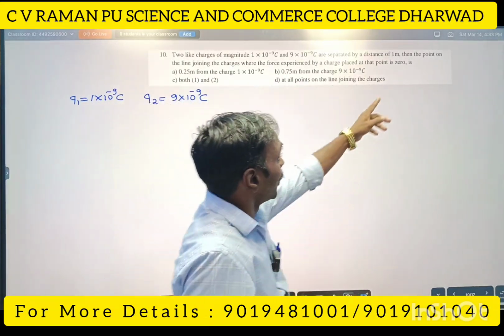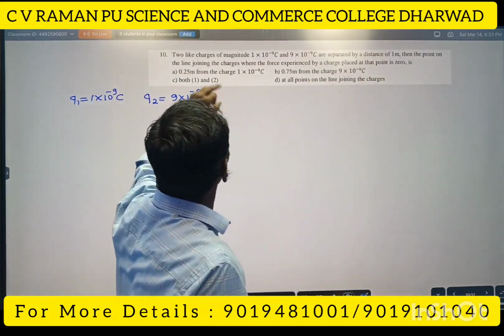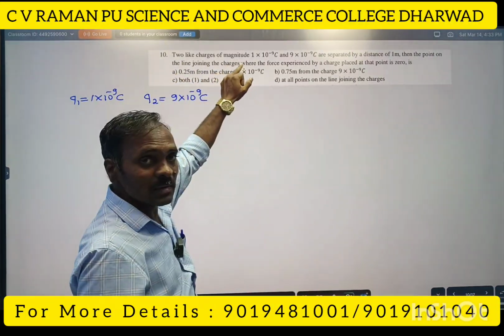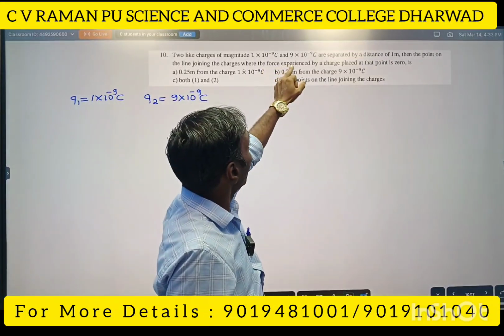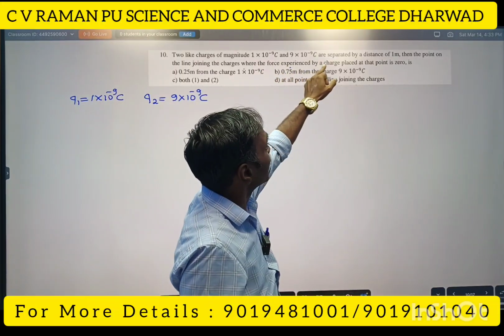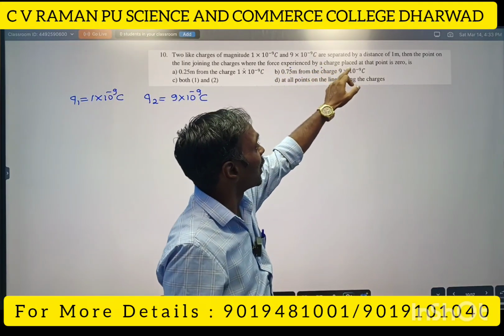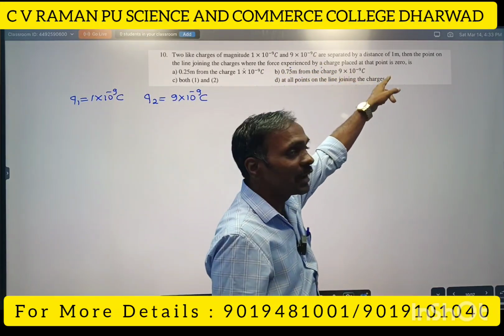Then the point on the line joining the charges where the force experienced by a charge placed at that point is 0.